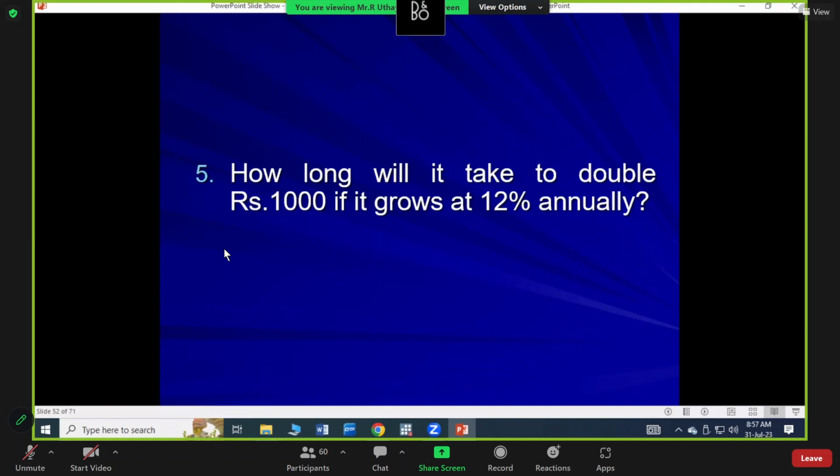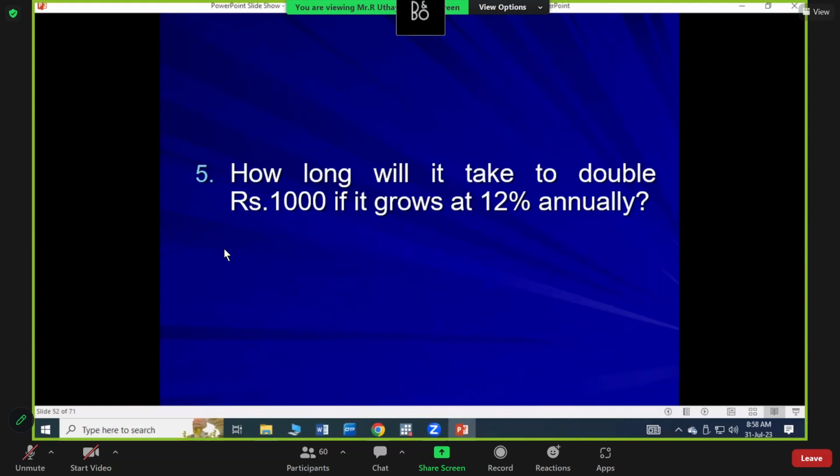You take the 1,000 rupees and recognize it as today's value, so it is the present value. And the interest rate I is 12% or 0.12.